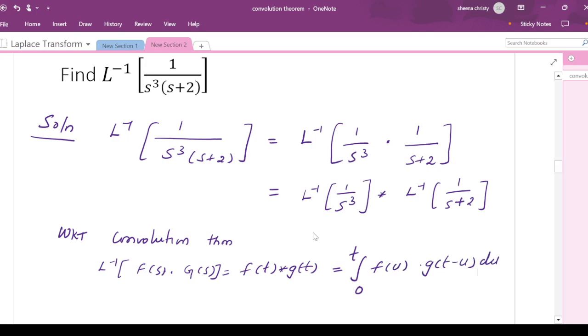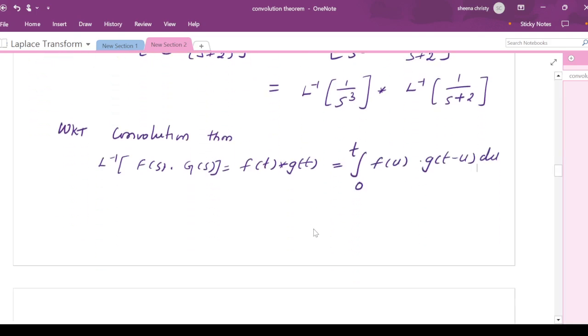So by making use of this definition and theorem statement, we are going to have f(t) equal to L inverse of 1 by s power 3. By making use of the formula, you will get t power 2 by 2 factorial, which is 2.